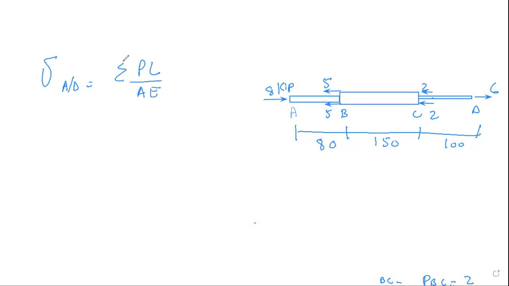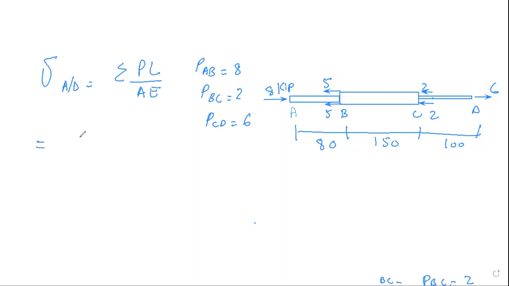Now we have calculated different P values. I'm writing it here. PAB is 8, PBC was recorded as 2, and PCD was recorded as 6. All are positive.